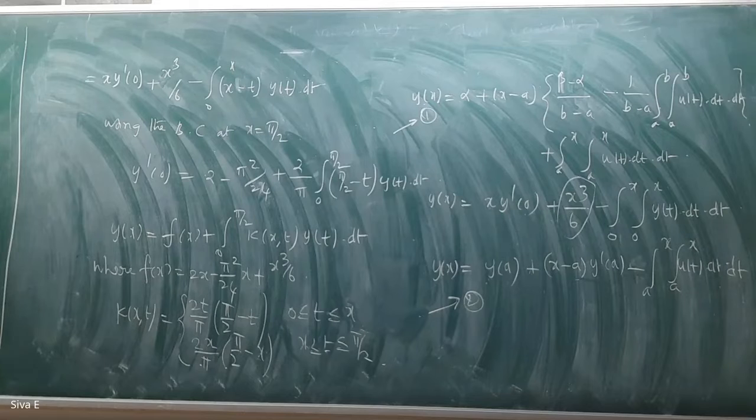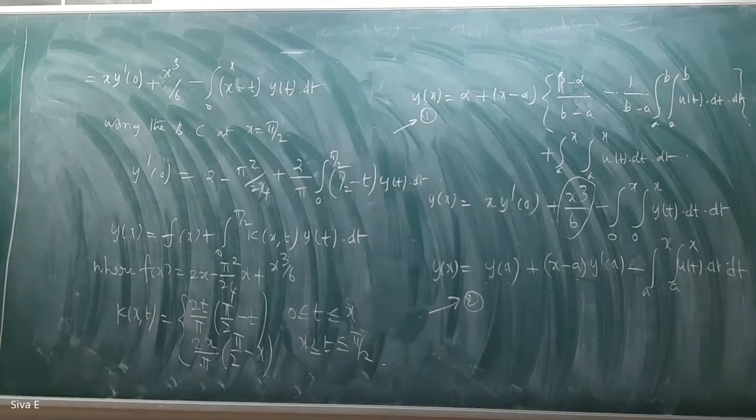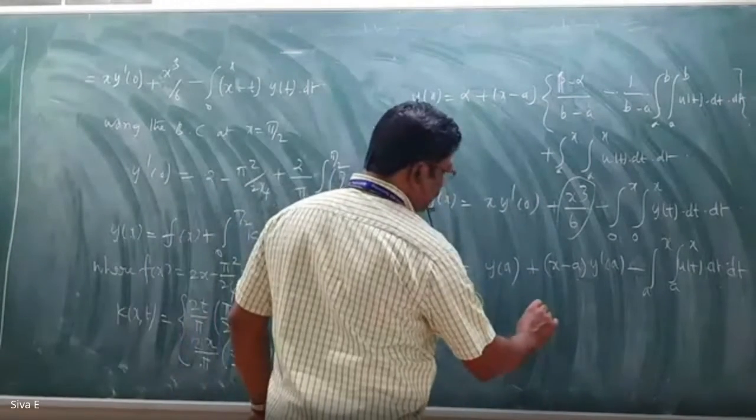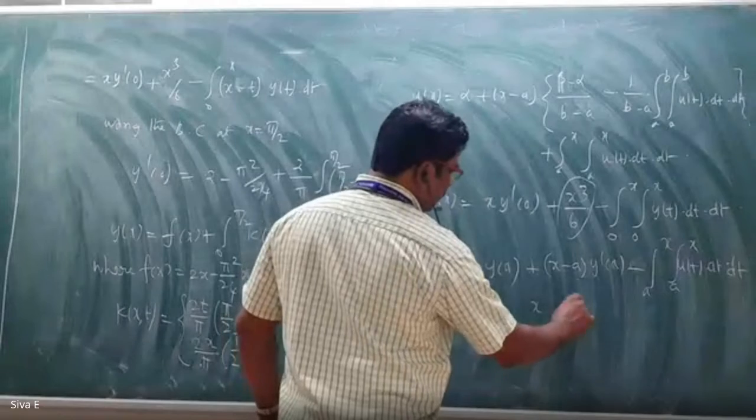Am I audible? Yes, then try that. How do you get that x cube by 6 there? Maybe the right hand side x is there. When you are integrating on both sides, one time integration of x gives x square by 2.